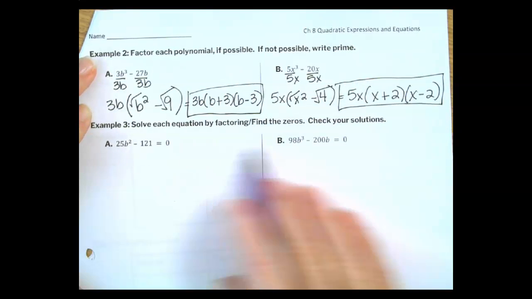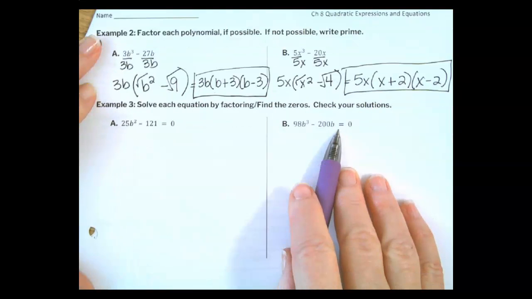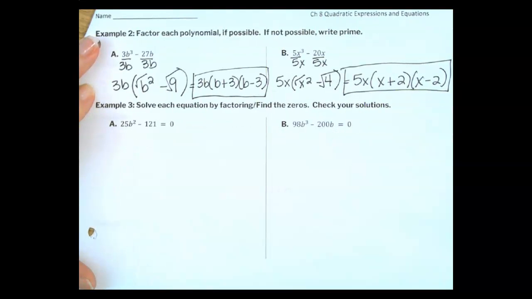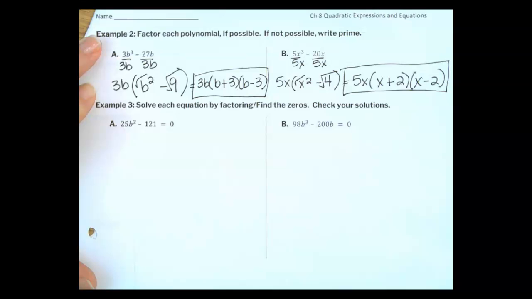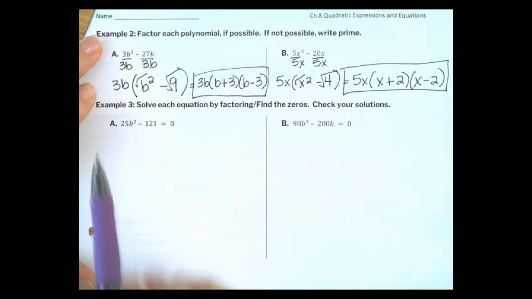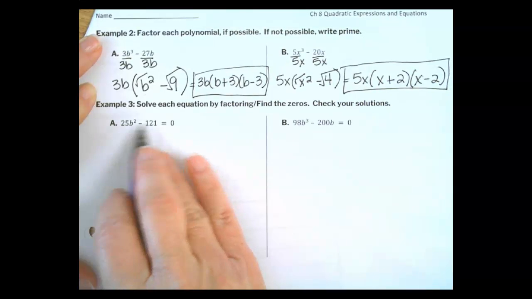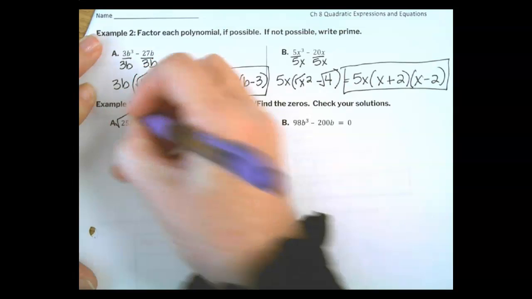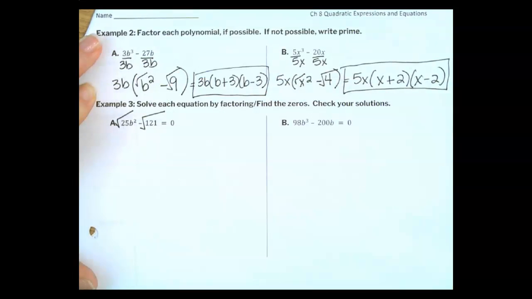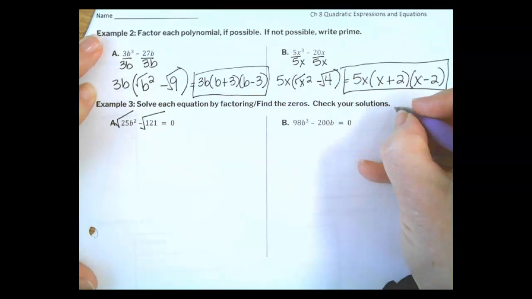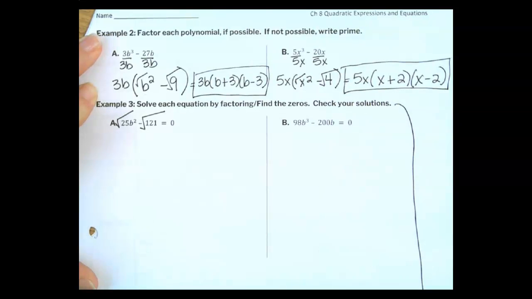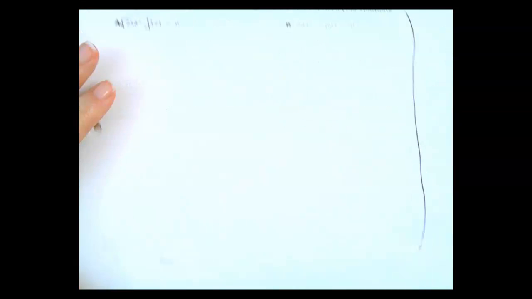Okay, finding zeros. I do want to go through this with you a little bit. It's important to find those zeros, so you're going to solve. These are both perfect squares now that I'm looking at it. I can do the square root of this and the square root of that. When you're doing zeros, we're going to bring this all the way down first.